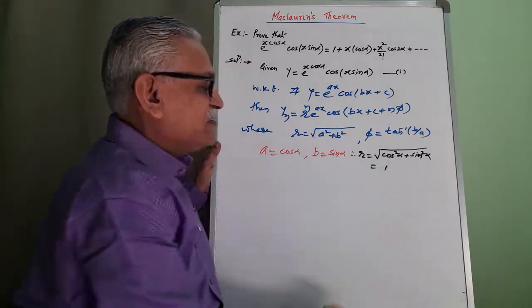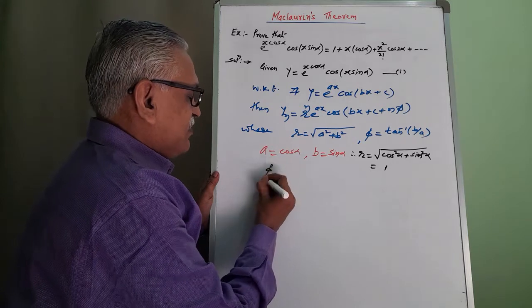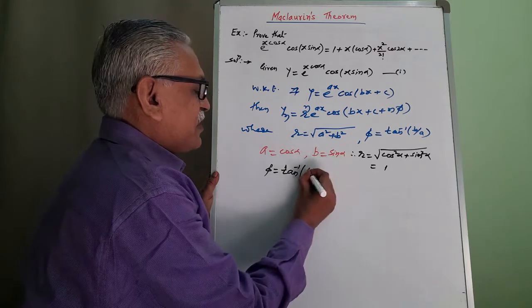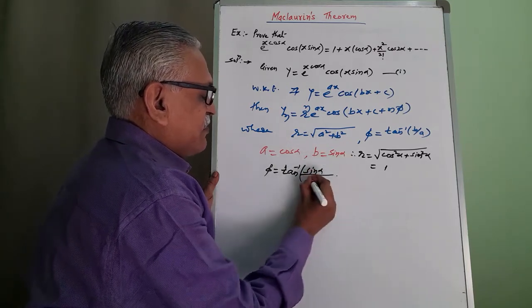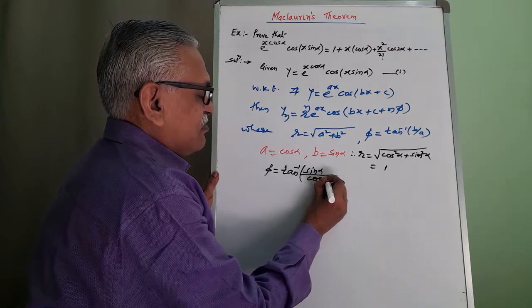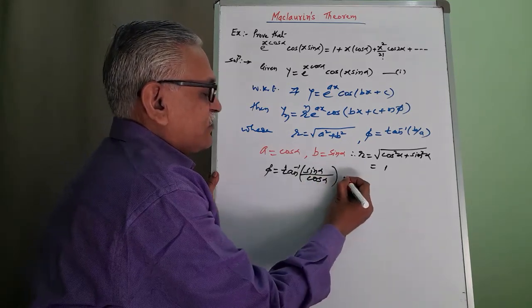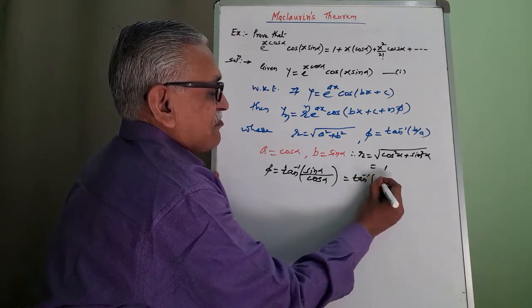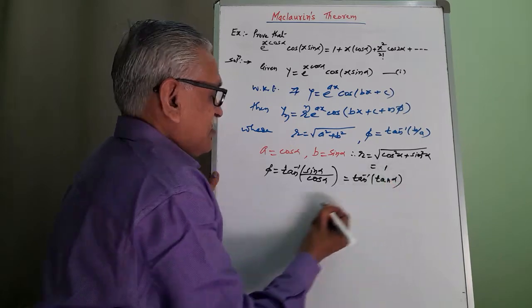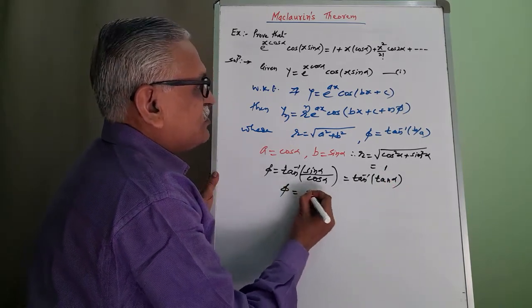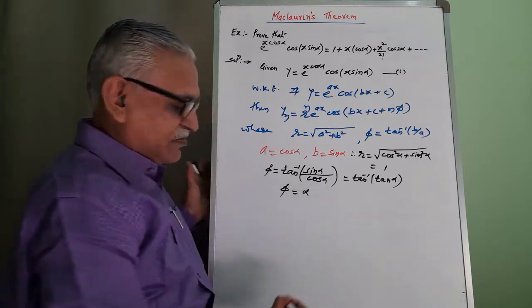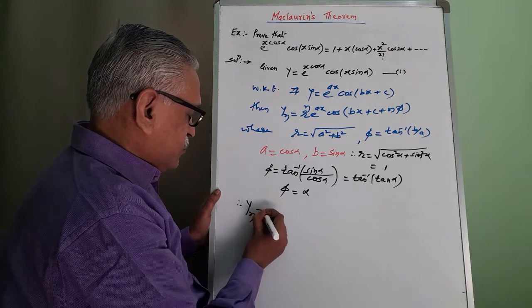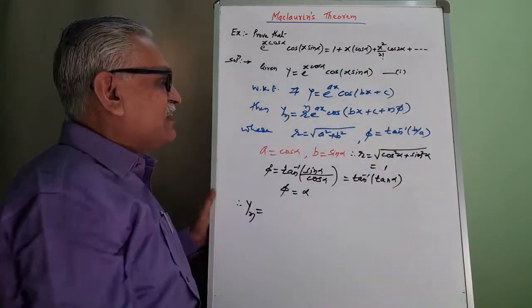Therefore, root of 1 is 1, and phi is equal to tan inverse of b by a. B is sin alpha divided by a, which is cos alpha. It is tan inverse of tan alpha, and therefore we get phi is equal to alpha.